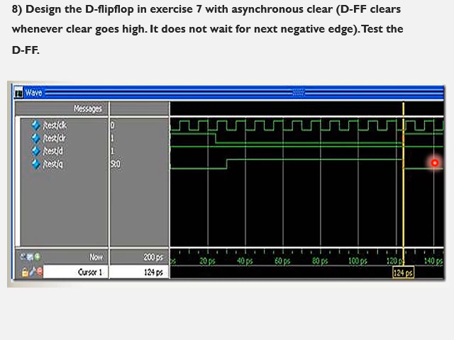If it was a synchronous clear, even though the clear had become 1 at 124, the output would become 0 only at the next negative edge of the clock. But here, since it is an asynchronous clear, it will not wait for the active edge of the clock. The output will become 0 immediately when the clear becomes active. That difference you have to note down. Thank you.